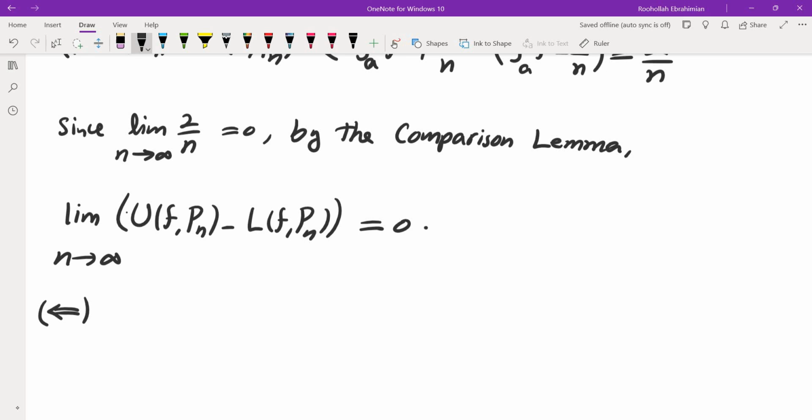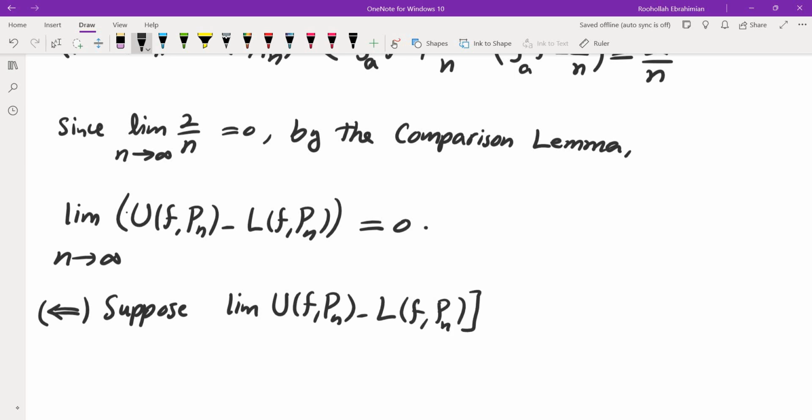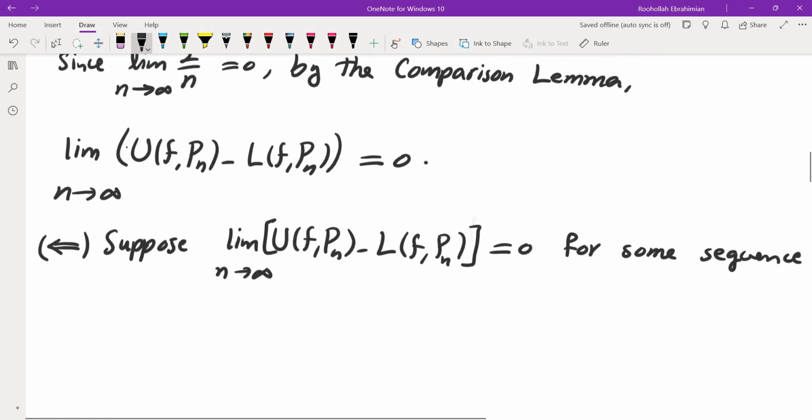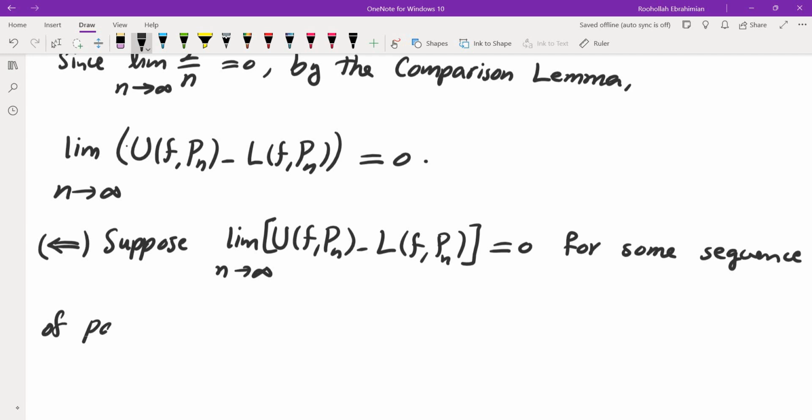Okay, so now suppose there is such a sequence. So now suppose the limit of the upper sum minus the lower sum is in fact 0 for some sequence of partitions.